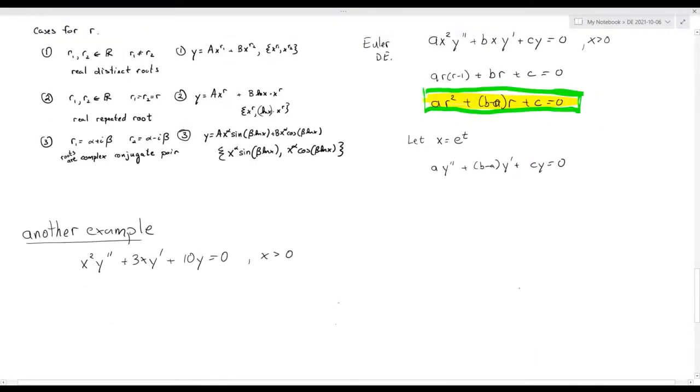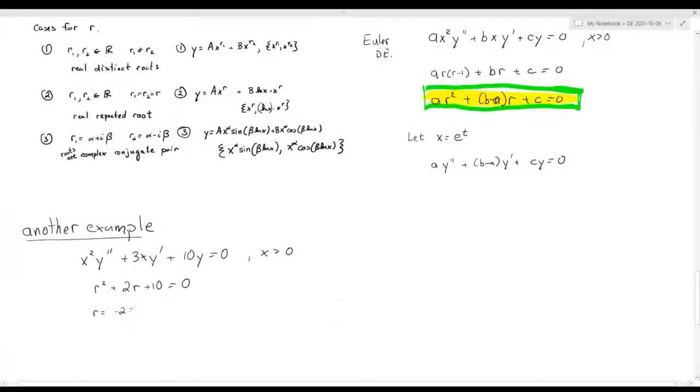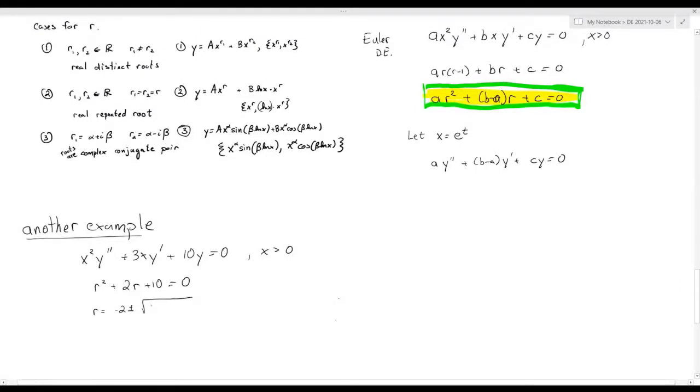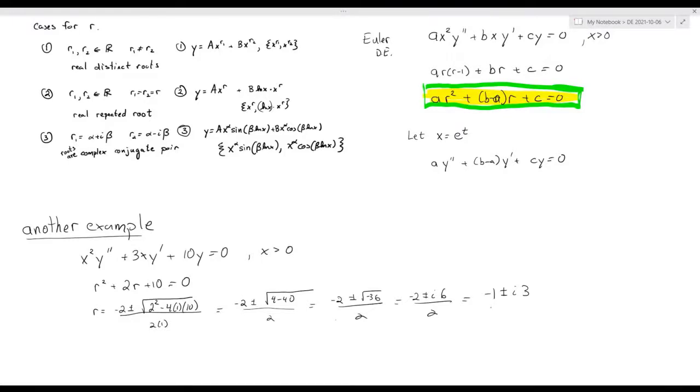Let's do another example. We'll use the formula for the characteristic polynomial. So a is 1, b is 3, so b minus a becomes 3 minus 1, c is 10. I'll go ahead and use the quadratic formula since I can't factor this more easily. So we see that the roots are complex conjugates.